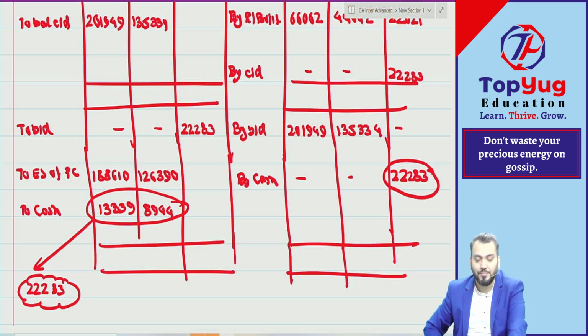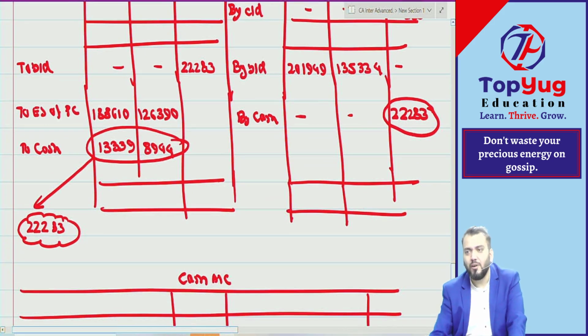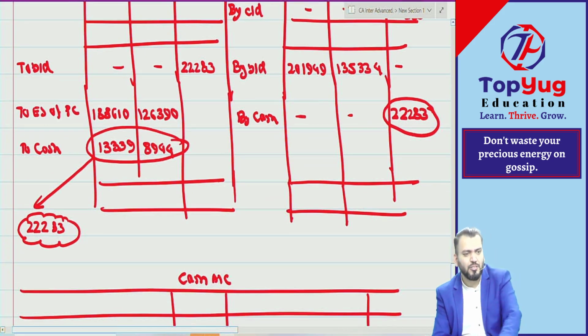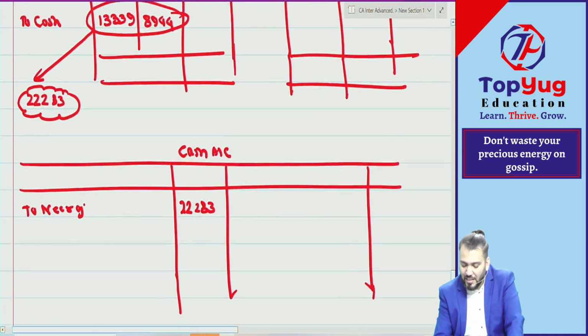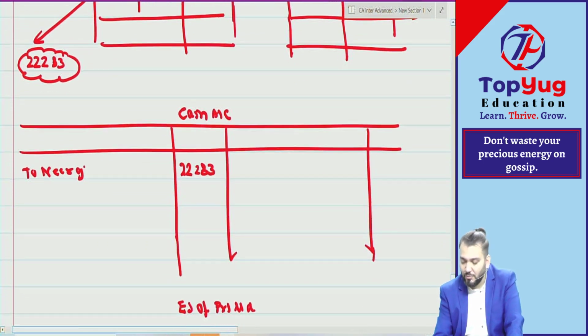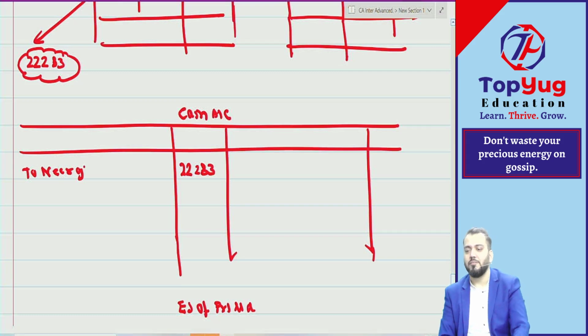Means we are doing correct. This was an interesting point: the distribution in which ratio? Final balance ratio. Correct. Now you can do the cash account, the equity shares account, by partners capital account. Done. This also we have understood.